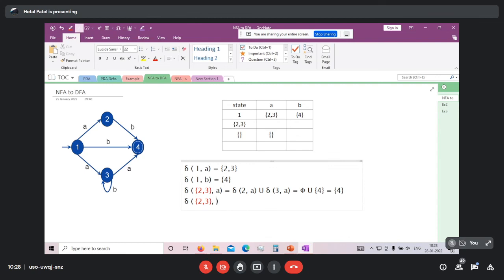That is to find out the movement with the input symbol B from the new state. This is your new state. Just consider why it is a new state: because with state 1 and input symbol A, we are reaching state number 2, 3, combining, merging these two as a new state, right? So from this merged state, we will find out the transition for the A and B input. Now give me this one, all of you.